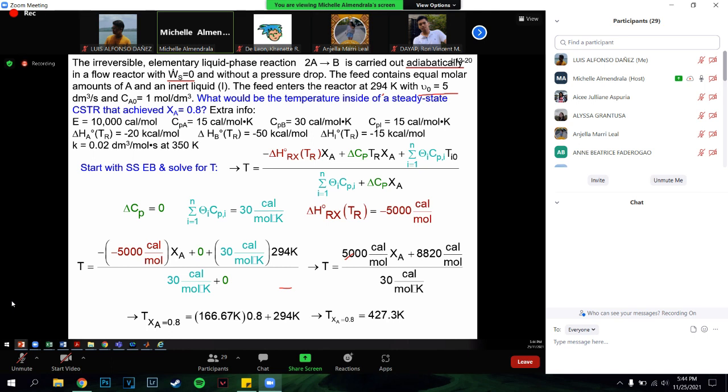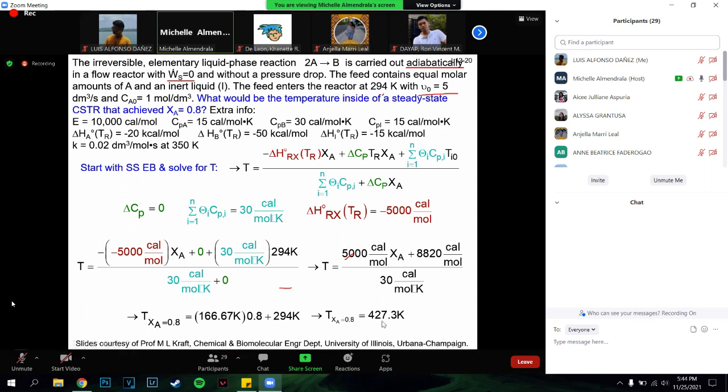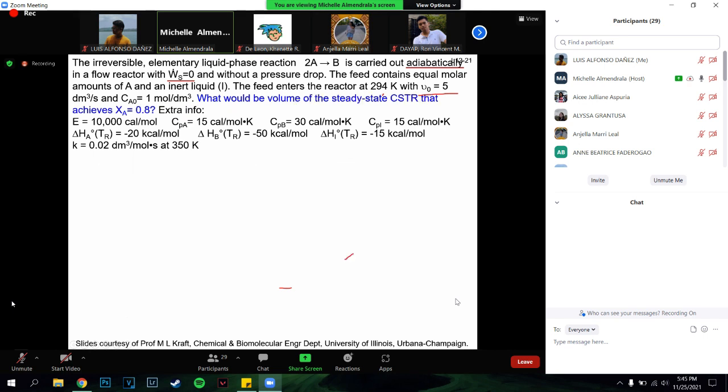All right, so just imagine that in order for you to obtain an 80% conversion in an adiabatic CSTR, you need a very high temperature, which is not practical for operation in a reactor. All right, so you may want to lower that temperature soon when we go to non-adiabatic.